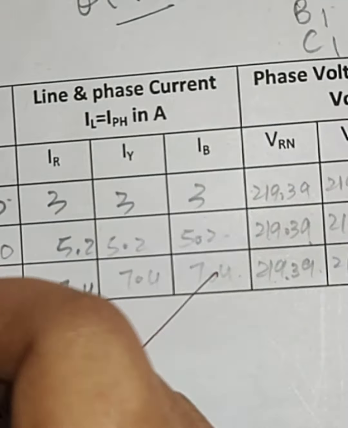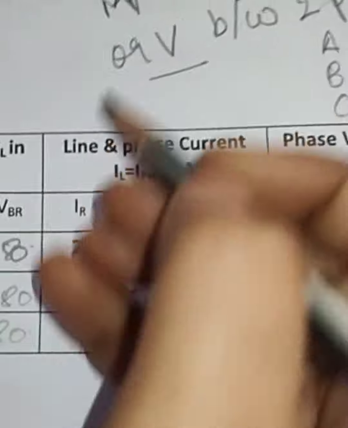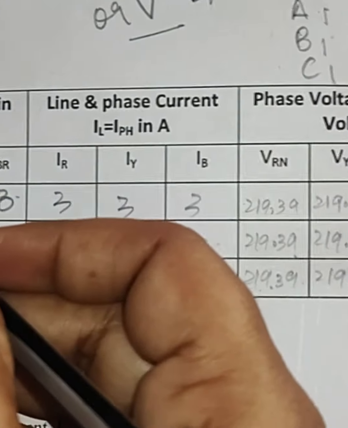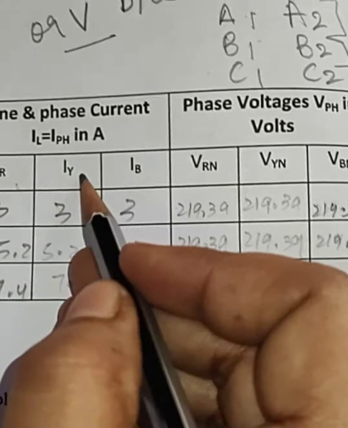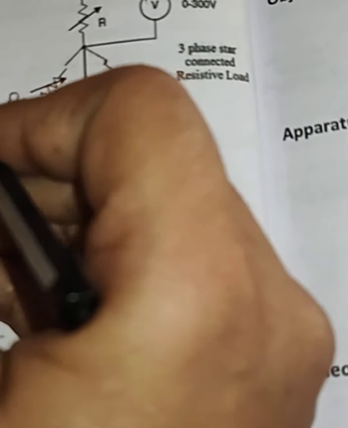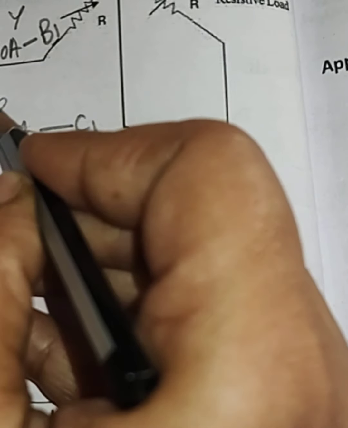After setting the voltage between R and Y, we will apply load. For example, say we have set 415 between R and Y. Next we will apply a load. After applying load, we note the IR value, IY value, IB value. This is IR, this is IY, this is IB.